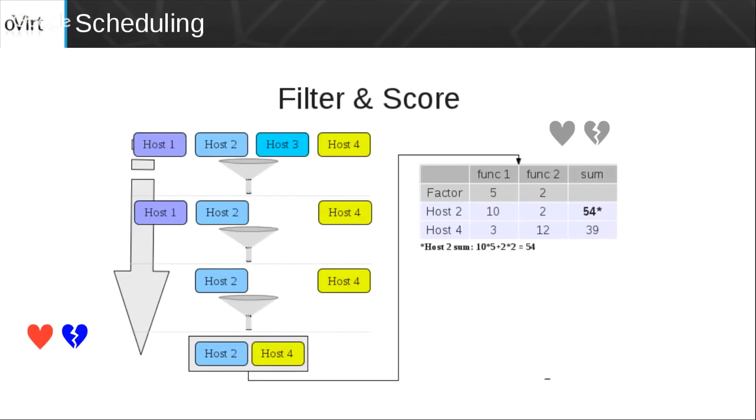So the scheduling process will take all the relevant hosts and run them through the relevant filters at the first stage. You can note that from one filter to another, the host numbers may decrease. The filtered host list will then be used as an input to the relevant cost functions, which will create a cost table on the right.